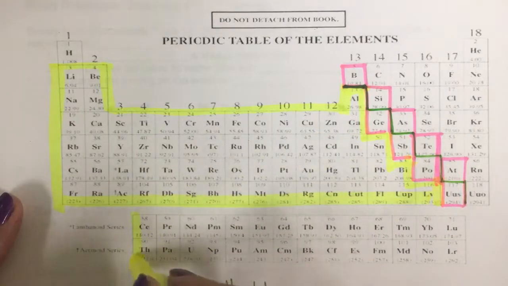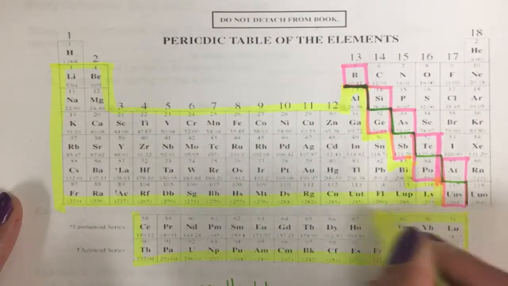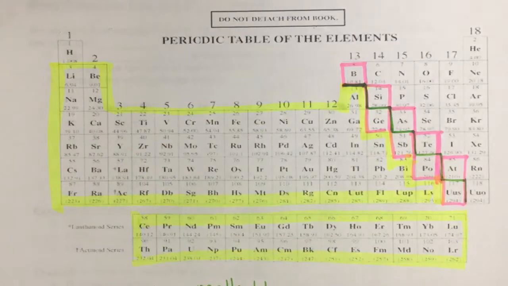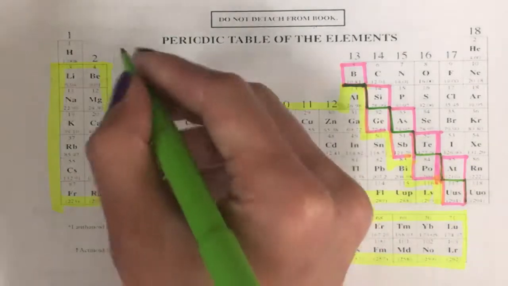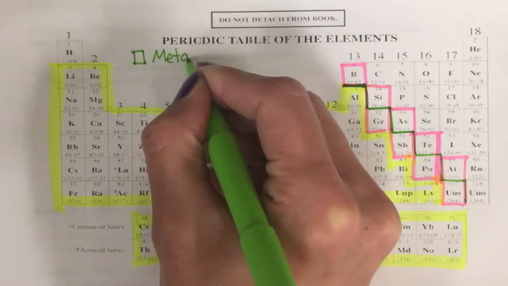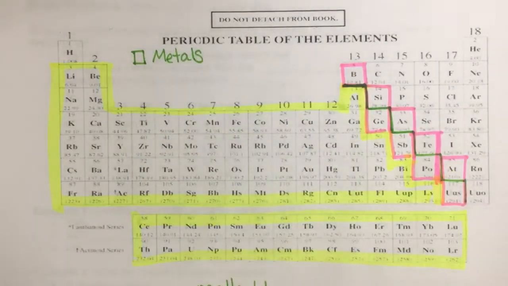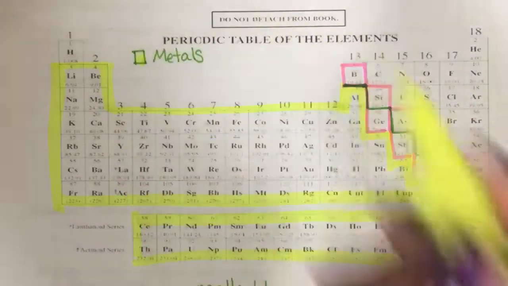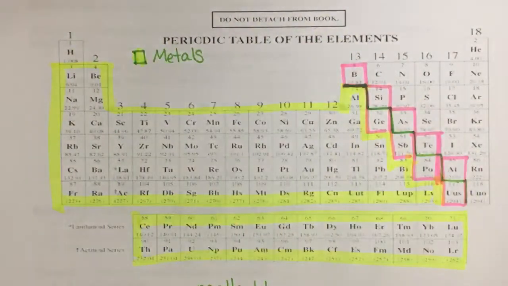Same thing with these elements at the bottom. These are all metals as well. So as you can tell, about 80+% of our periodic table are metals. They're malleable, they're ductile, they're good conductors, and they're lustrous.